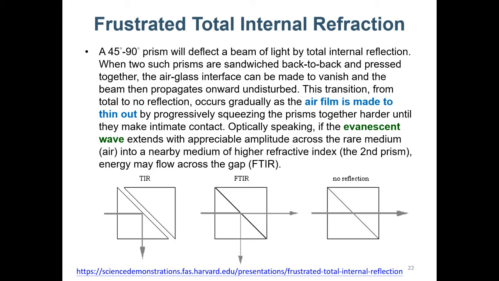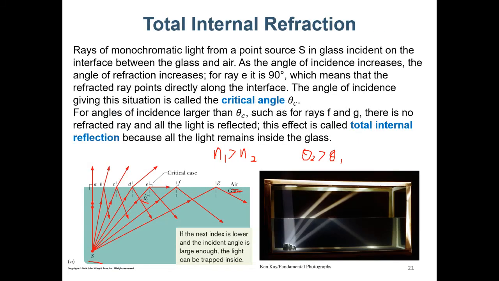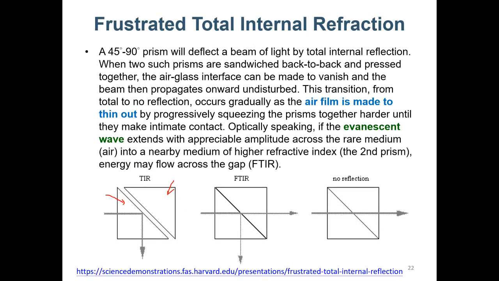Suppose we have, maybe, this is glass, and suppose these two are far enough apart, and this angle is larger than the critical angle. Then you can expect all the incident light to be reflected.